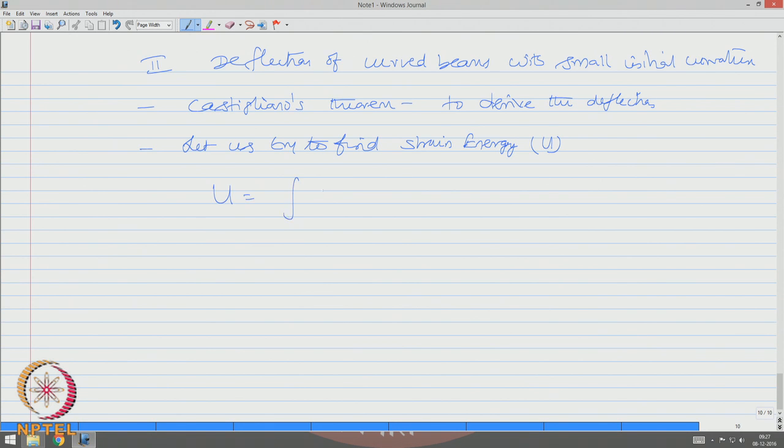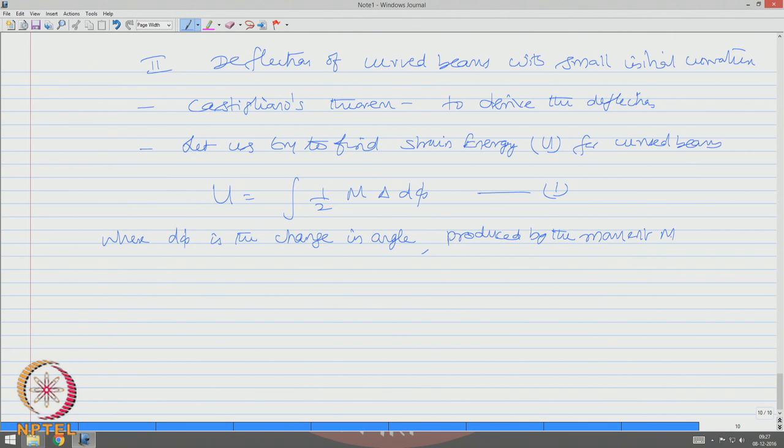U is generally given by half M delta d phi for curved beams, equation 1, where d phi is the change in angle produced by the moment M at the center of curvature. I think it should be d phi dash.